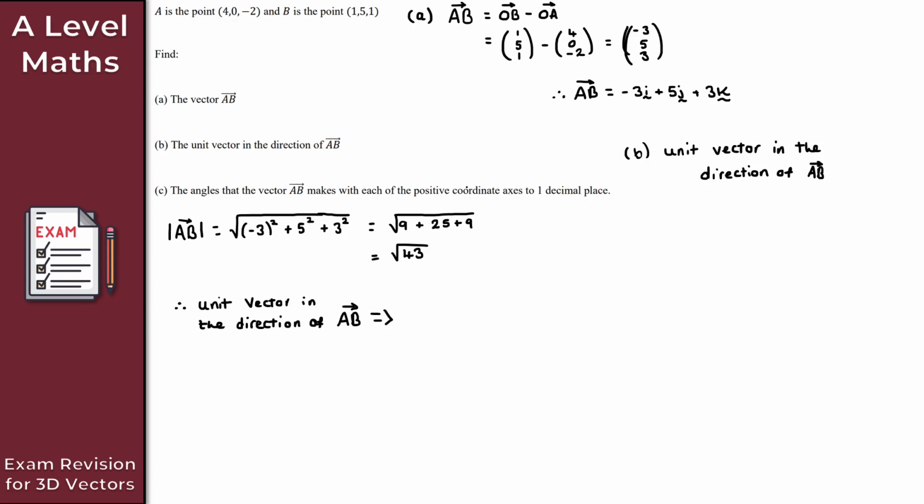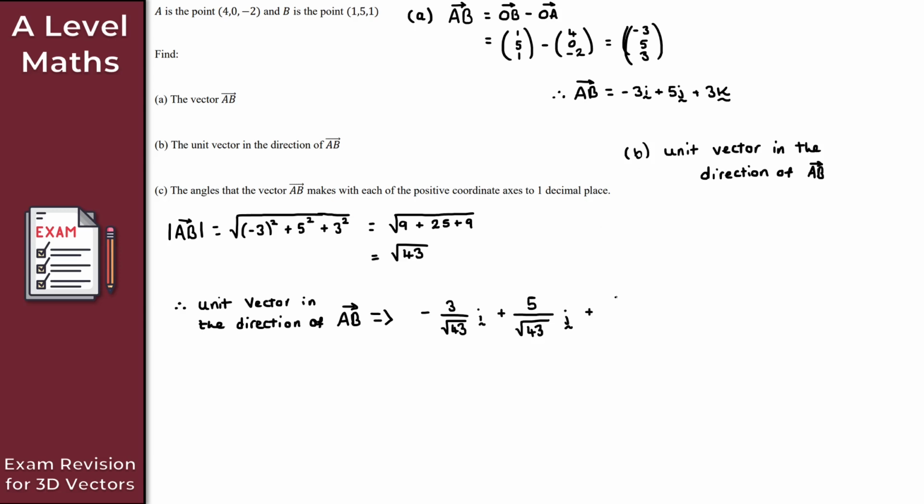So we get minus 3 over root 43. So minus 3 over root 43, i there, like so. Plus 5 over root 43, j there. And then finally 3 over root 43.